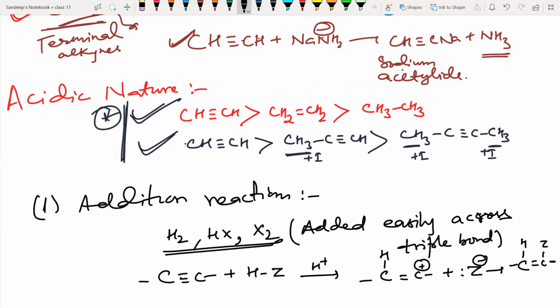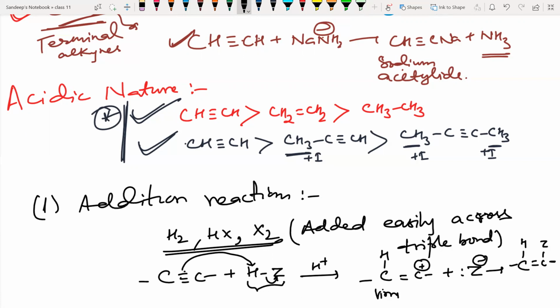So what you need to do, suppose HZ is a species to be added, here Z can be H, here Z can be X. So what will happen? The pi electron will donate to the hydrogen, and it will shift. So it will be added across it and form a vinyl cation.